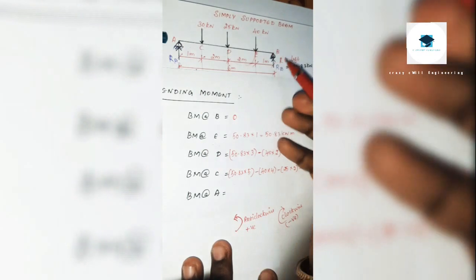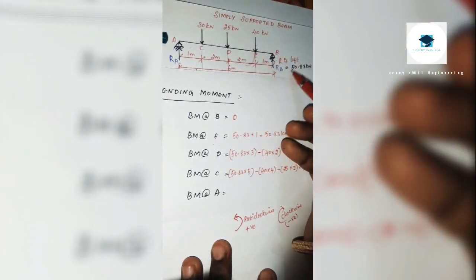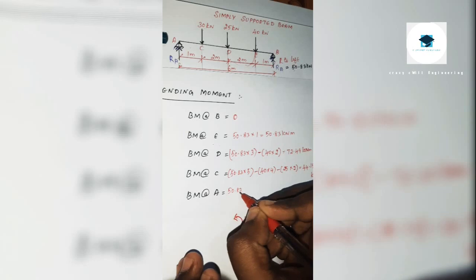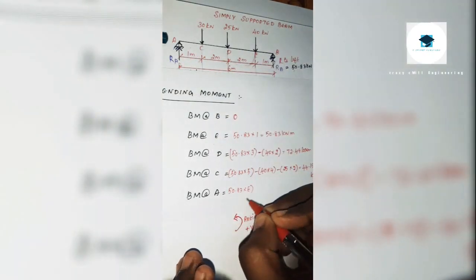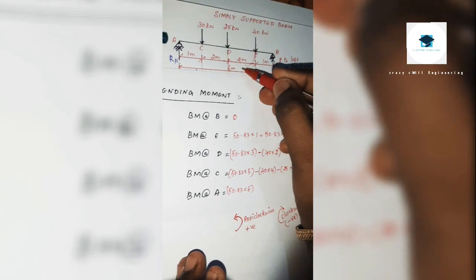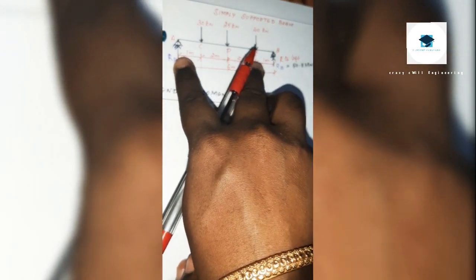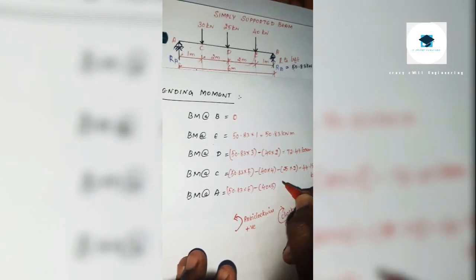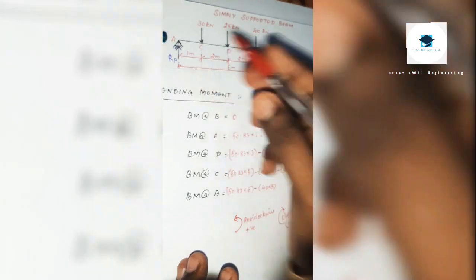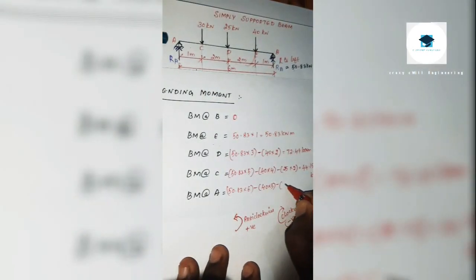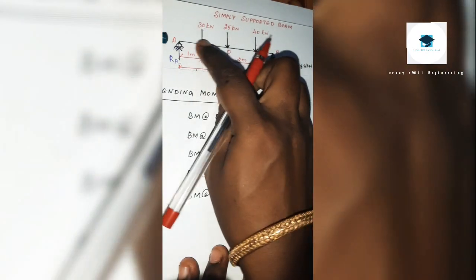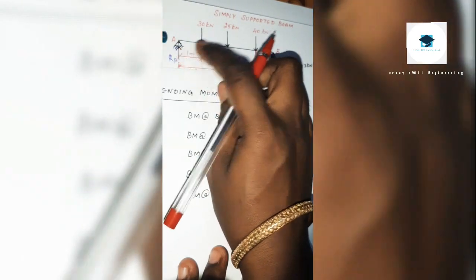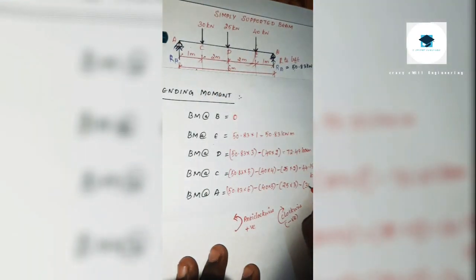Next, bending moment at A. Here RB is moving in the anti-clockwise direction. So 50.83 into perpendicular distance 6 meter. Again 40 is acting in the clockwise direction. Perpendicular distance between A and E is 5 meter, minus 40 into 5. Again the 25 load is acting clockwise, so put minus sign, 25, distance is 3 meter. Again put minus sign for the 30 kilonewton load acting in the clockwise direction, into distance 1 meter.